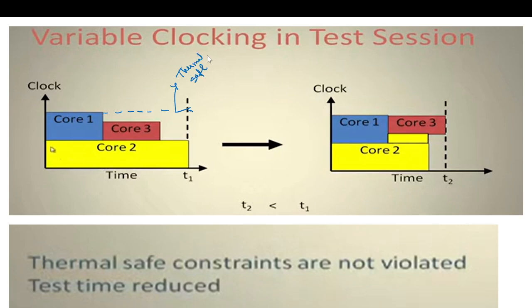Here this much we are not utilizing. So can we increase the clock frequency after core 1 testing such that we can reduce the time? Now T2 is less than T1. Thermal safe constraints are not violated, but the test time is reduced.